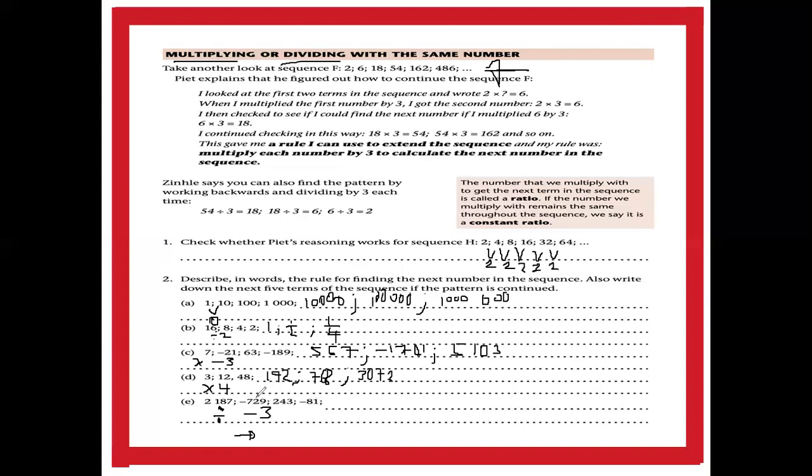If you divide that by minus 3, you get minus 81. And if you divide that by minus 3, you get 27. That divided by minus 3 gives us minus 9. Wow, that's a long minus. Minus 9. And that divided by minus 3 will give us 3. There we go.